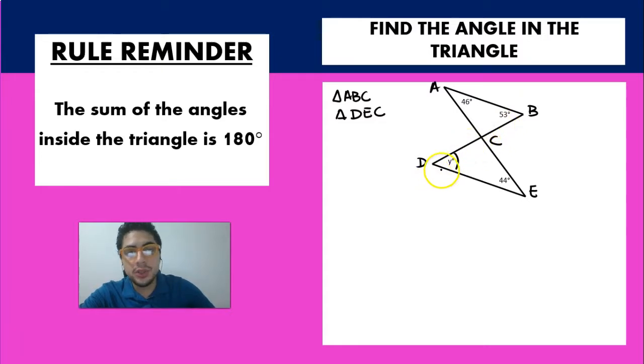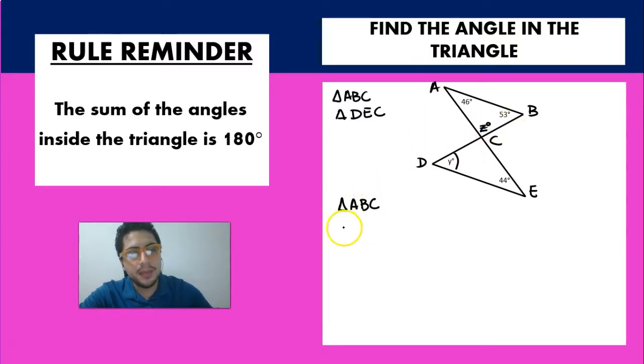And in order to do that, first of all, we're going to have to solve triangle ABC, which is the one at the top. Now, we know that for triangle ABC, the sum of the angles is going to be 180 degrees. So let's call this angle here Z degrees.